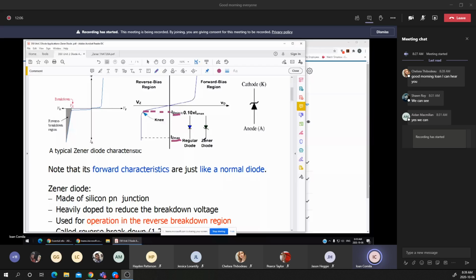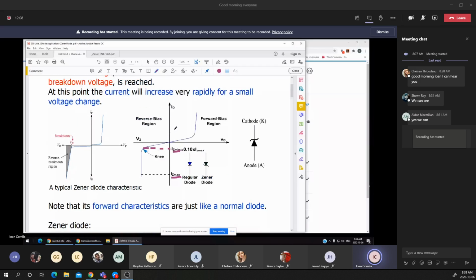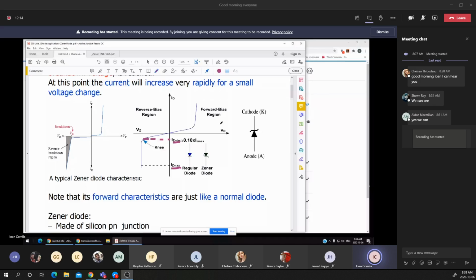This means I have two different ways of applying the Zener diode. If the voltage is applied as forward bias, with the positive on the anode and the negative on the cathode, the diode will act as a regular diode.